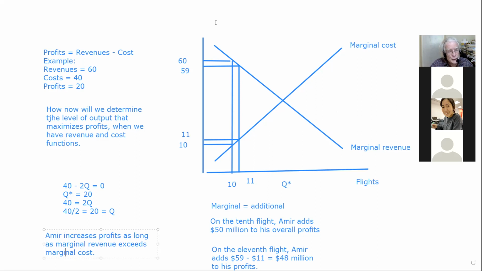So he is maximizing profits right here at Q star because he has already offered any flight that has a net profit, the 10th, the 11th, the 50th, whatever. As long as marginal revenue is covering the additional cost of that flight, he can add to his overall profits.